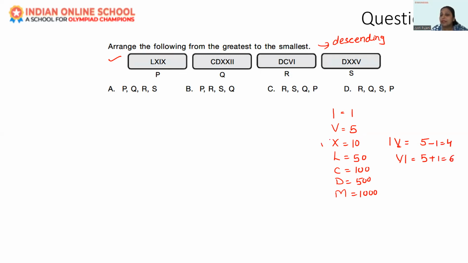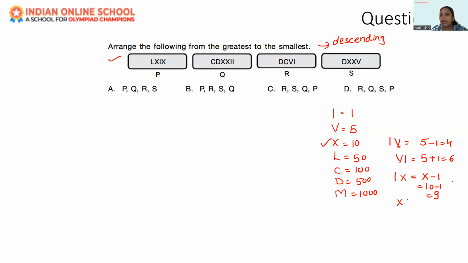Like this, we can do it with X. If I write IX, I is on the left hand side, which means I need to subtract, so X minus I is 10 minus 1, which is 9.